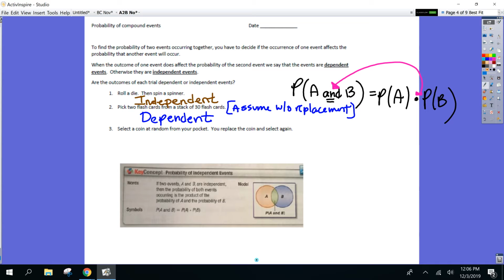And then you guys read through number 3. Take a coin out of your pocket, put it back in, take another coin. What do we think there? Does that first pick have any effect on the second one? You put it back in your pocket, does your chances change? These are independent of each other.